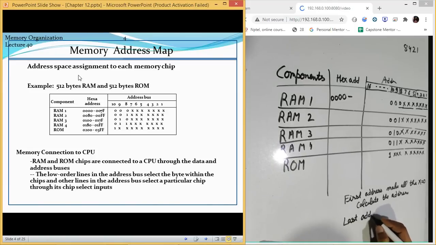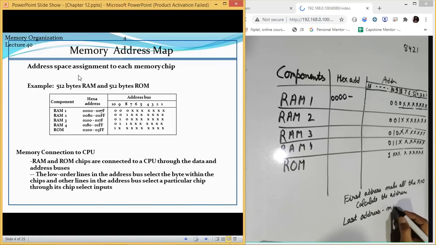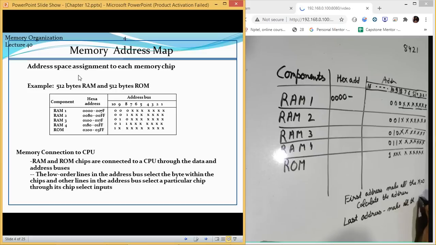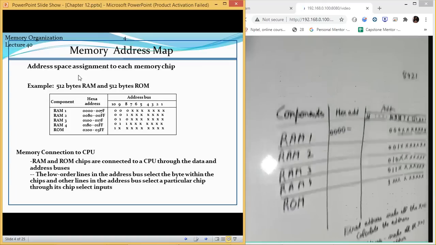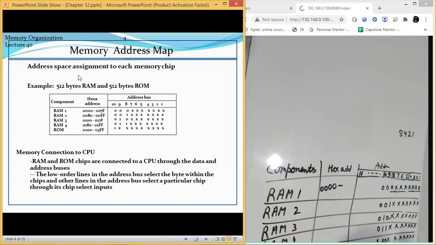for the last address, what you have to do is make all the cross values equal to 1, and after that calculate the address. For this, you can virtually replace these values by 1.